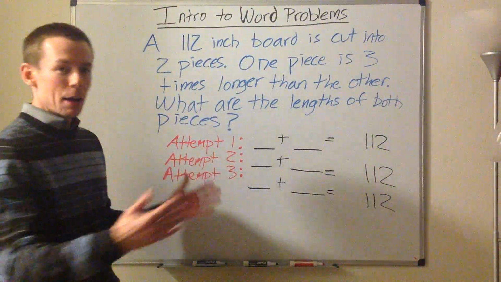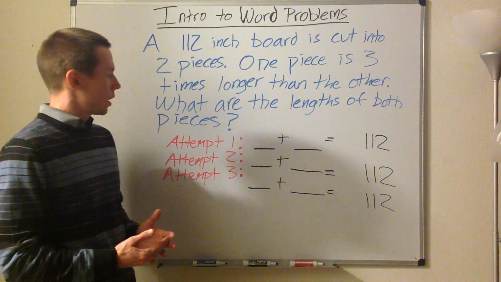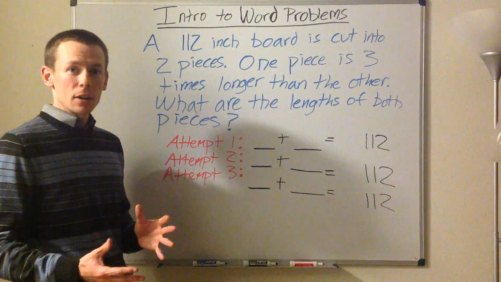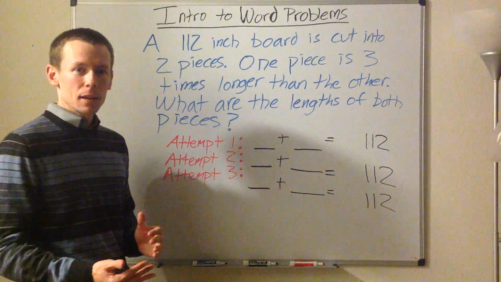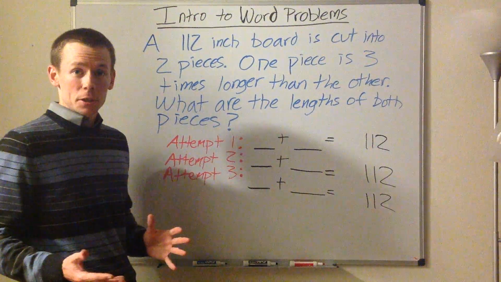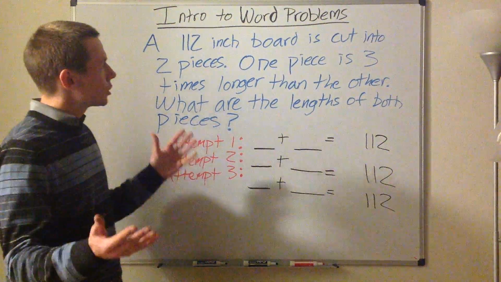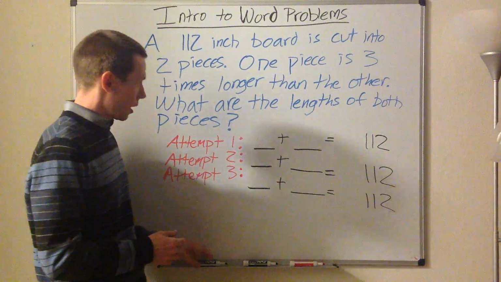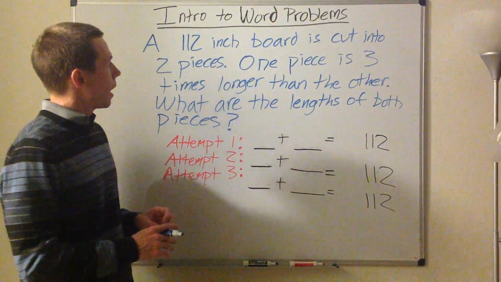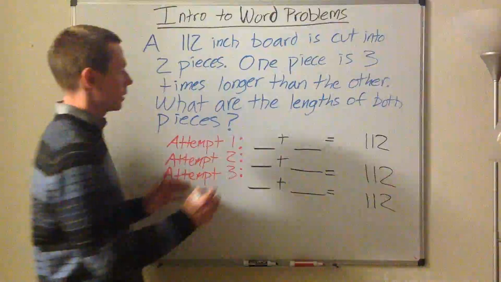So what I'm going to do, let's say I have no idea how to solve this, but I know how to carry out the calculation. So that would be arithmetic. I'm just going to start guessing. Right? So let's just say I start with 20. I think the shorter piece is 20.